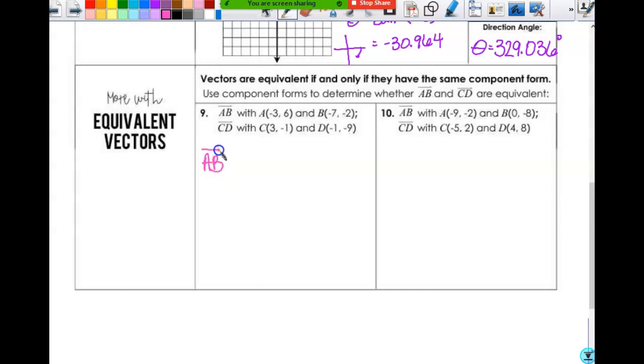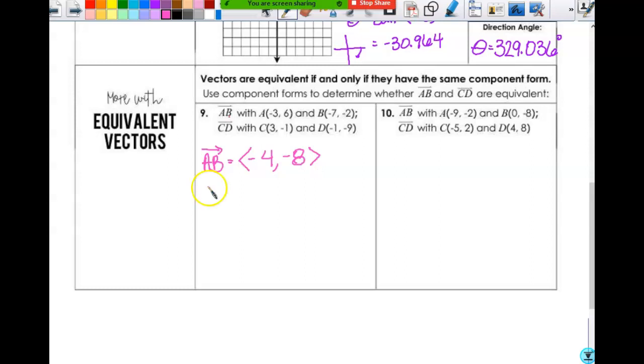AB, make sure you're subtracting in the correct order here. AB means B is the end, so I have to start with B. And I'm going to do -7 minus a -3, which is going to be a -4. Then -2 minus 6 is -8. By itself, that tells me nothing because I have to compare it.